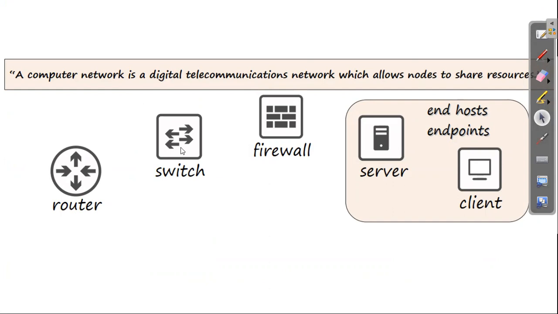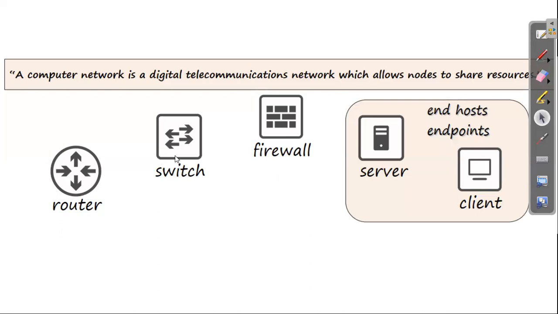Why? Because the switch has more ports than a router, right? A router mostly has one or two Fast Ethernet ports, okay? But a switch has 24 ports, and some switches have 48 ports, right?